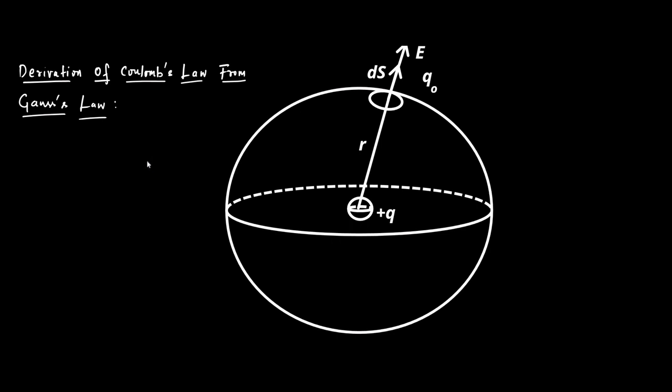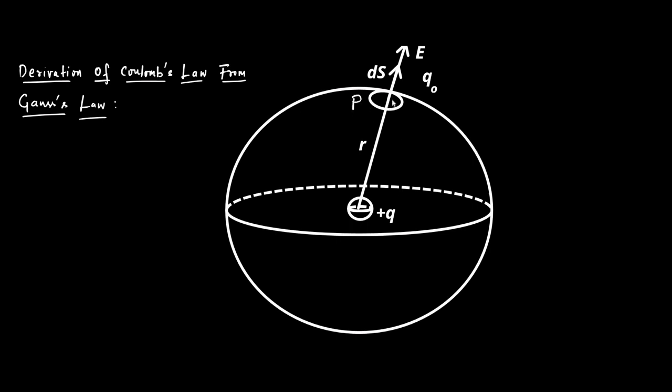We'll use the same diagram here, where we have a spherical Gaussian surface with a positive charge at the center, and here the electric field, and we have the small surface area at this point P.